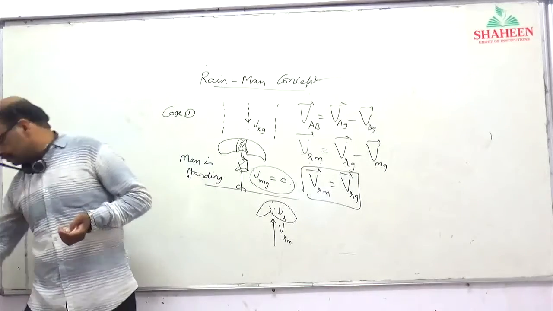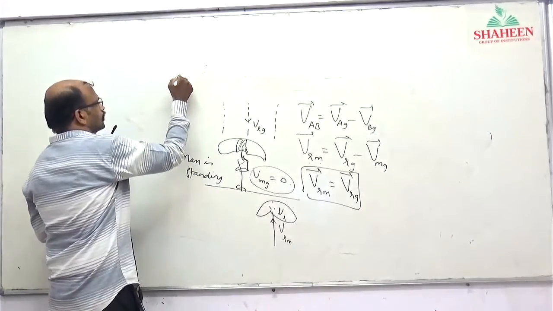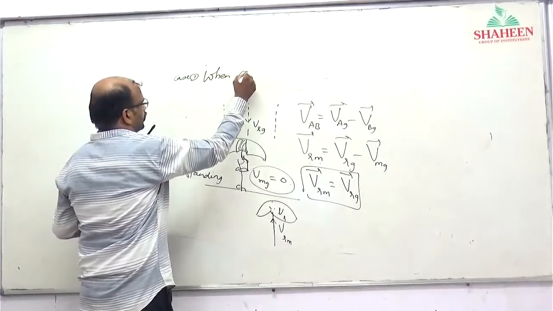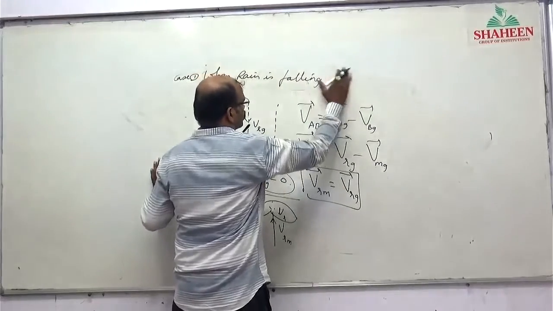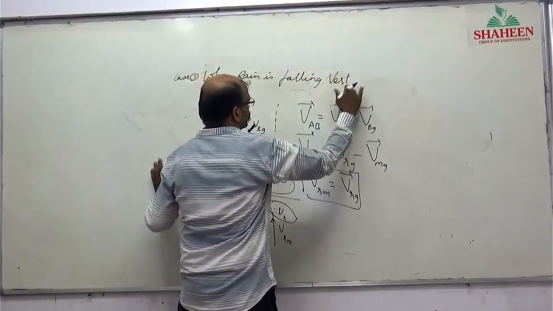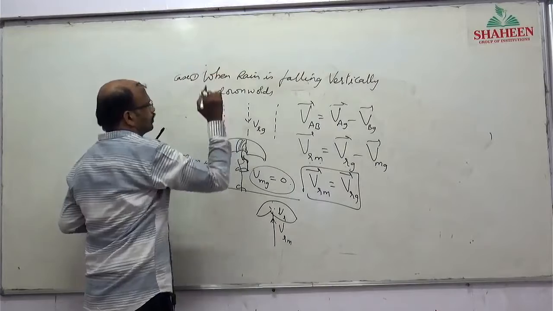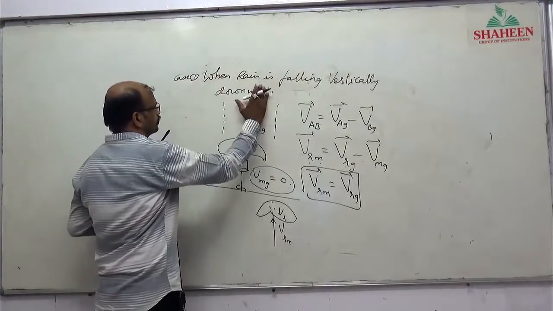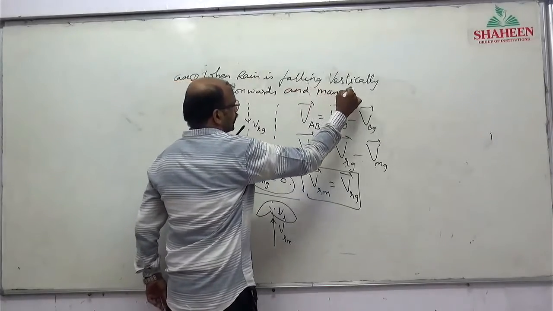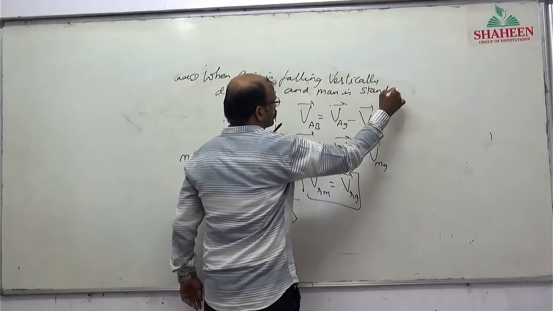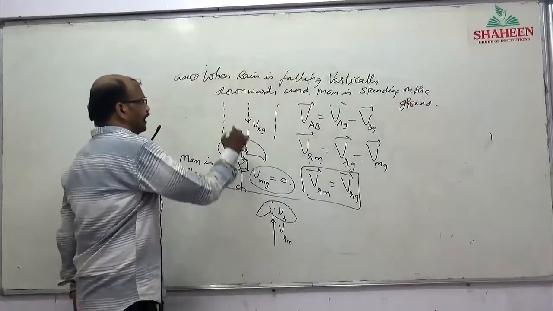When rain is falling vertically downwards, and man is standing on the ground. This is the first case. Man is standing on the ground.